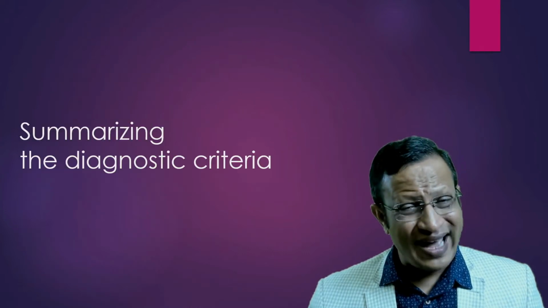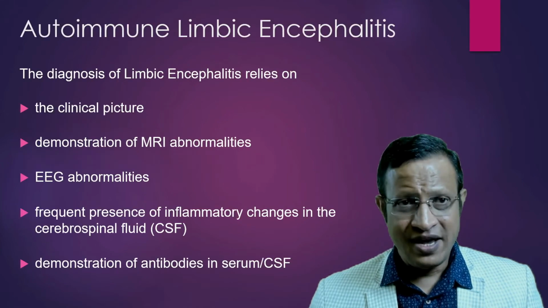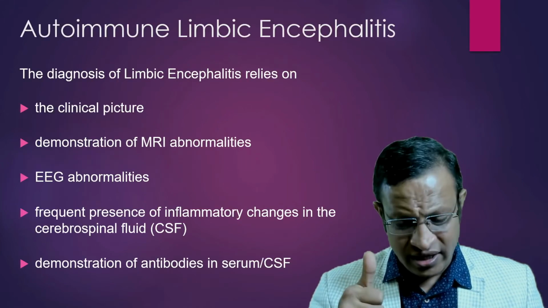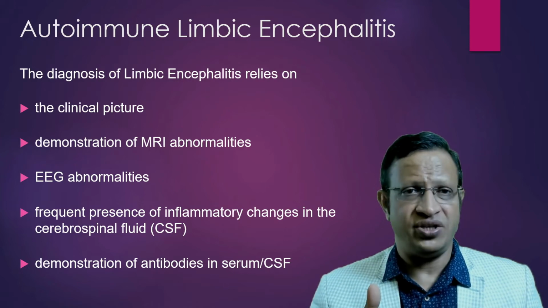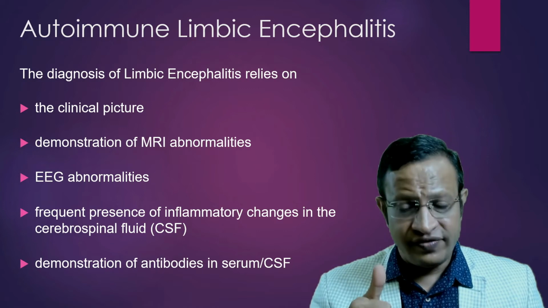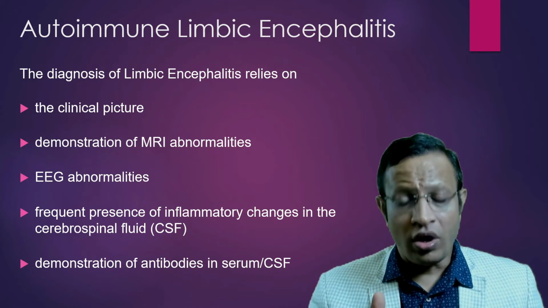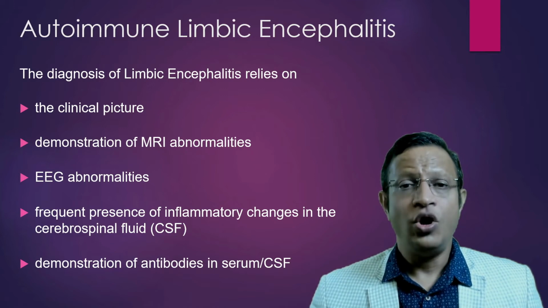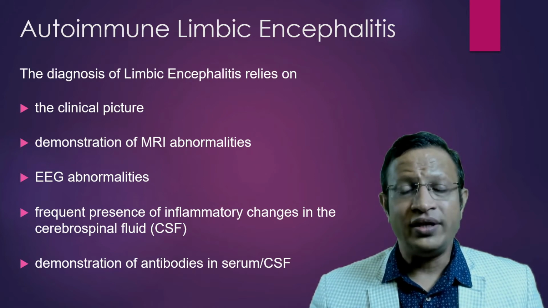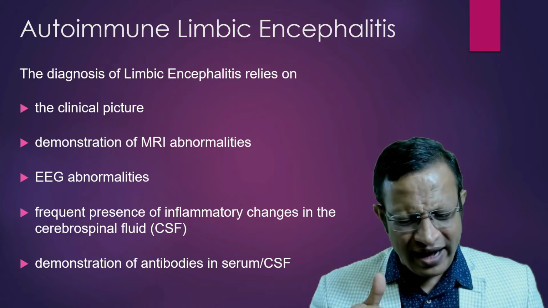Summarizing the diagnostic criteria for autoimmune limbic encephalitis. First and foremost is good history taking to know the clinical picture. How is the onset? What is the first presenting symptom? How is it evolving? What is the cognitive dysfunction? Whether there are seizures, whether there are abnormal movements, those need to be clarified clearly.